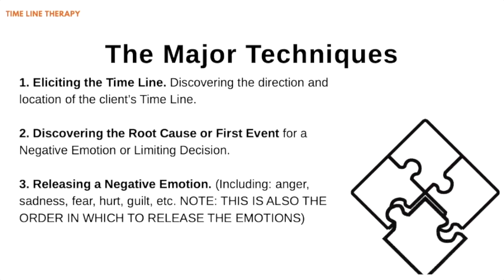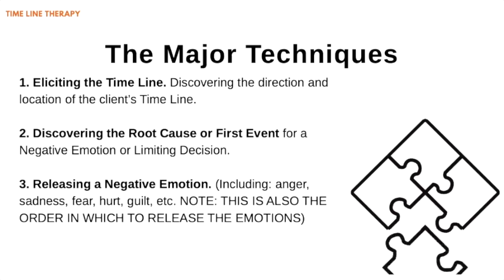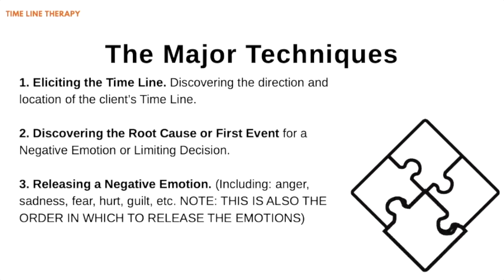This is discovering the direction and location of the client's timeline. Number 2, discovering the root cause or first event for a negative emotion or limiting decision. Number 3, releasing a negative emotion, including emotions like anger, sadness, fear, hurt, guilt, or anything else the client mentions.